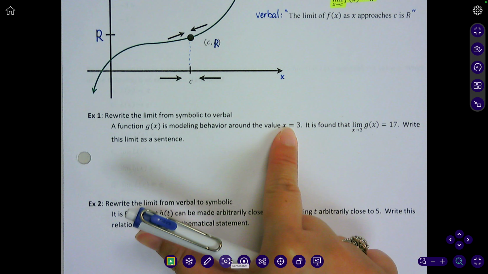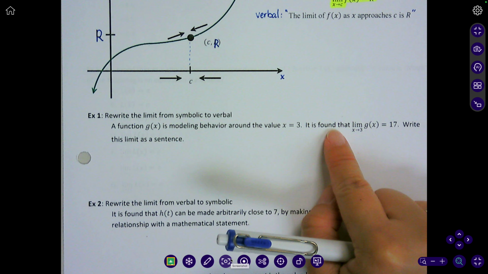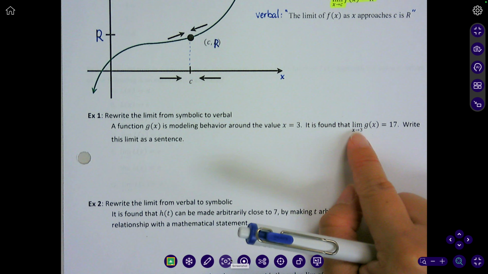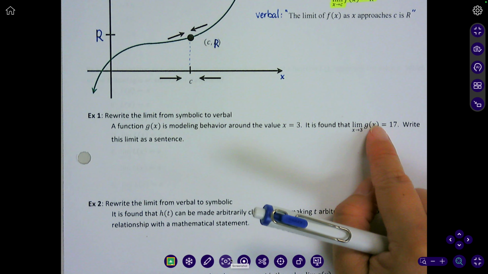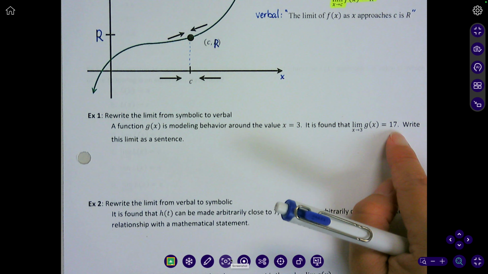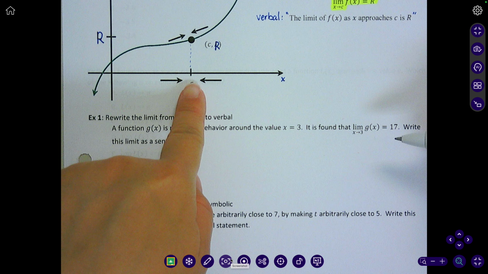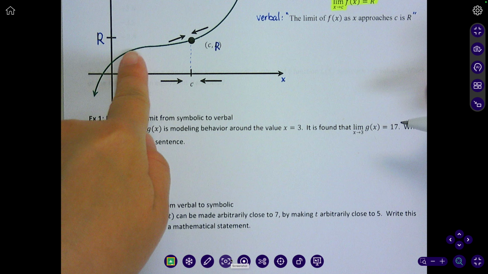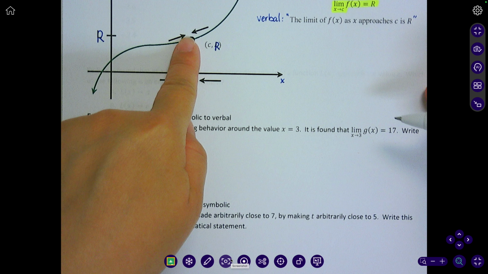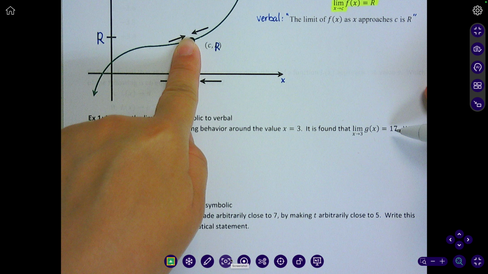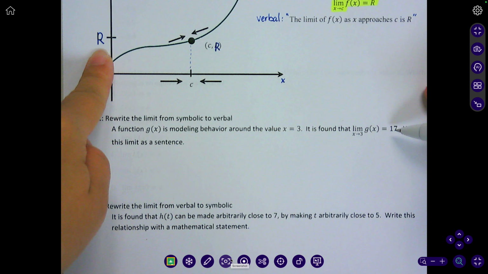It is found that the limit as x approaches 3 of g of x equals 17. What this tells you is, when x gets close to 3, your function will go up to 17.